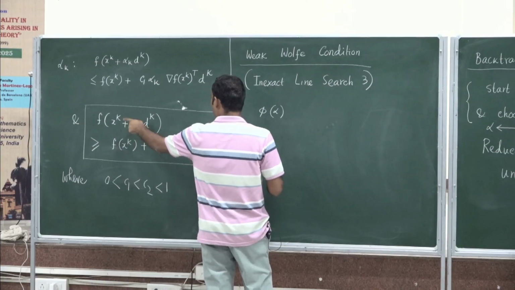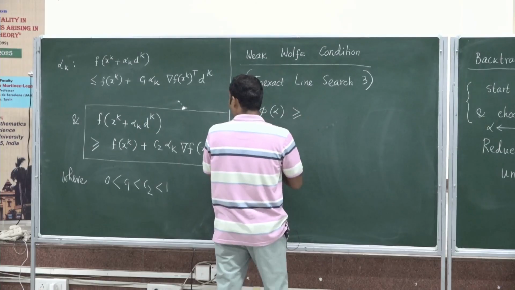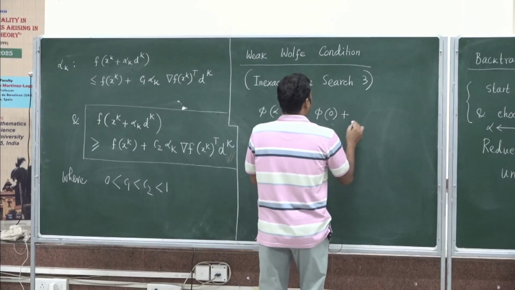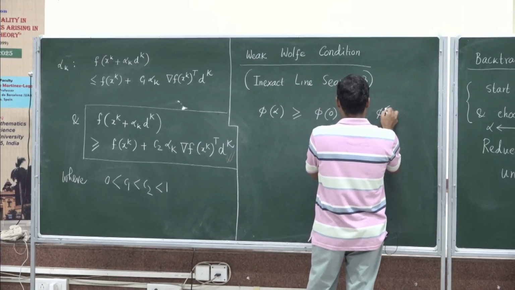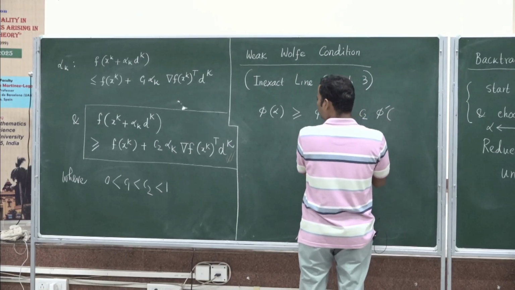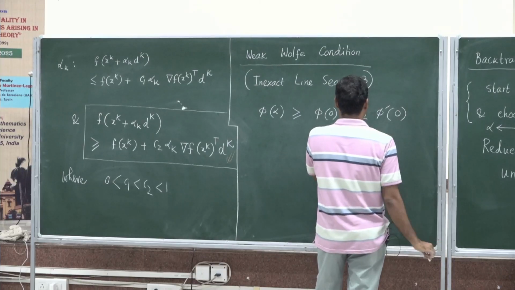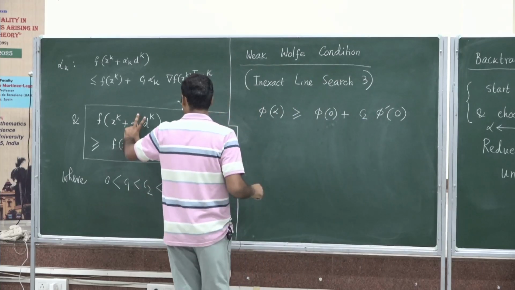In general, for any alpha here, phi alpha greater than or equal to phi 0 plus C2 into phi dash 0. Fine. And so this is from the Goldstein rule.